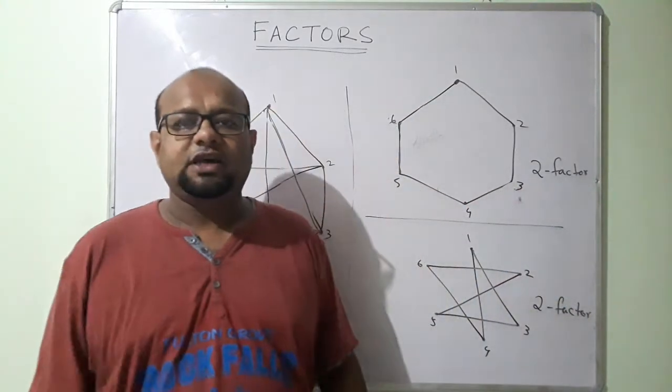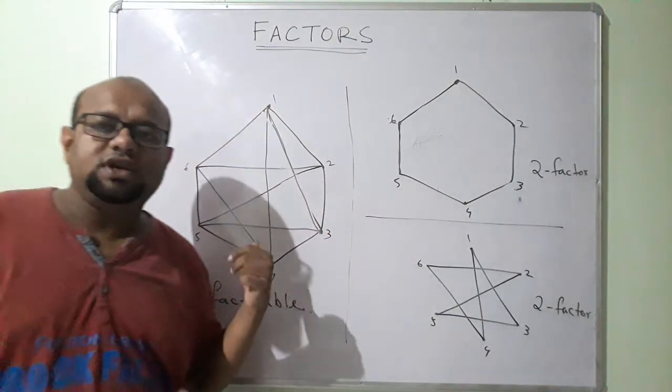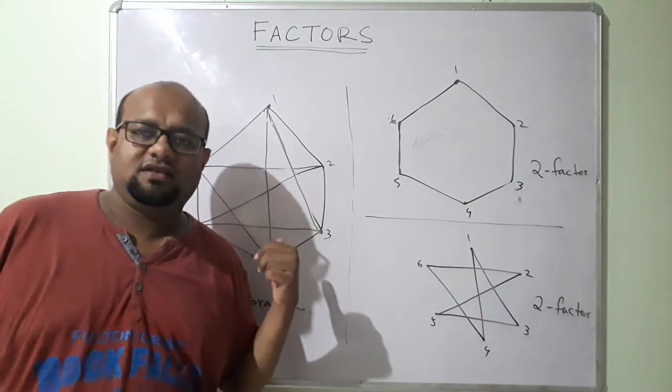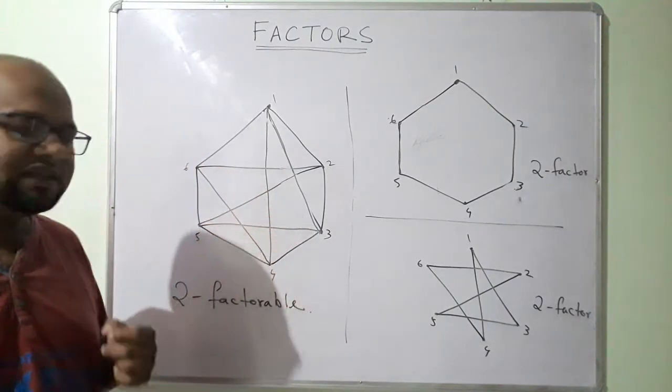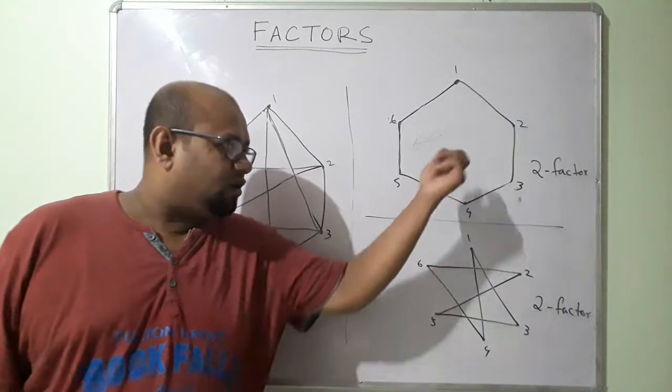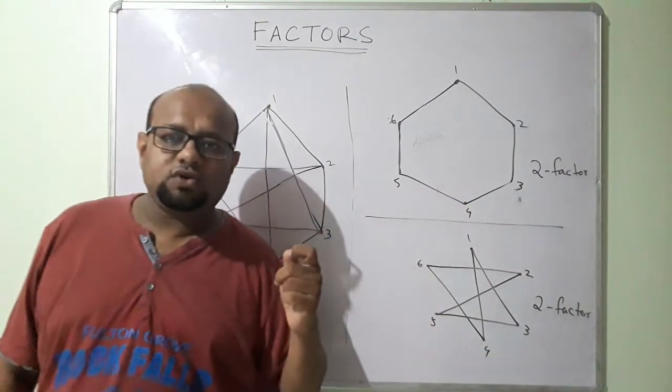Now I'm asking you one thing. Does this graph have any Hamiltonian cycle? That is my question. Yes, it has a Hamiltonian cycle. All of these two factors are Hamiltonian cycles of this graph. Why is it Hamiltonian?